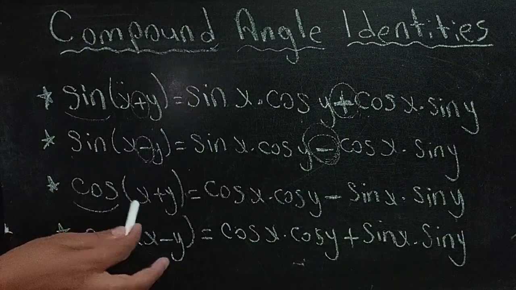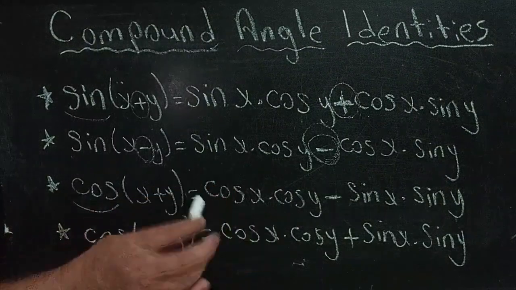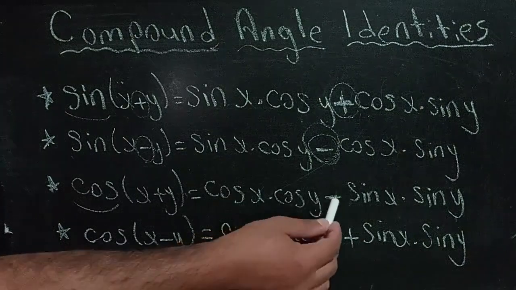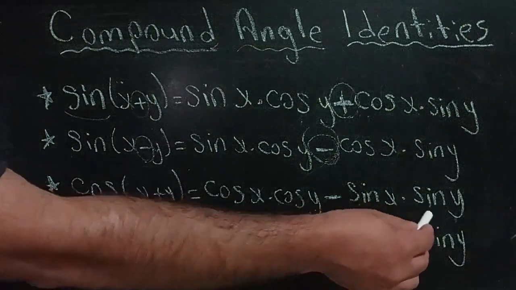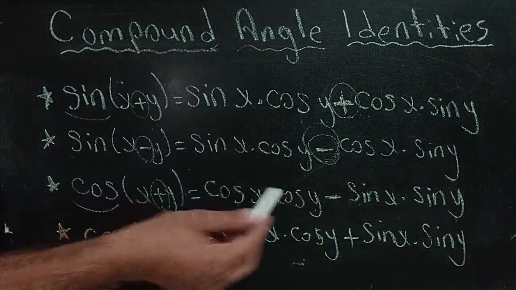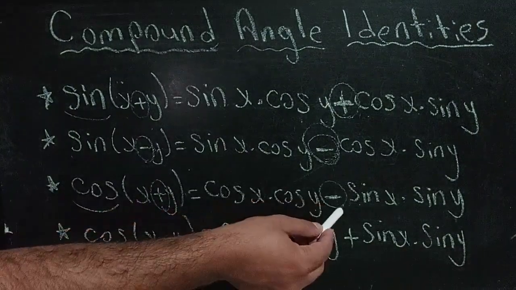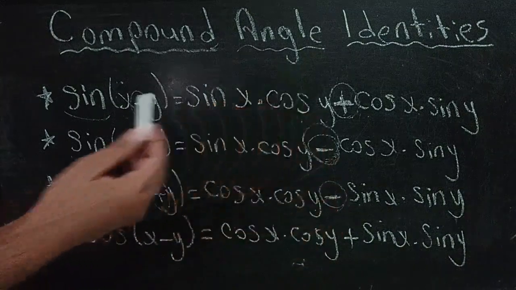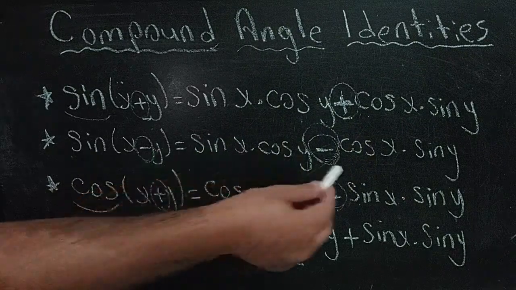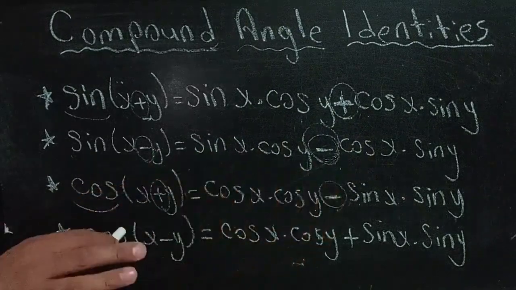So for x plus y, my formula is cosinus x times cosinus y minus sinus x times sinus y. You see, if this one is positive, this will be negative. It is opposite of this one. There we see it. If there is positive, this will be positive, negative, negative. But there, opposite way.